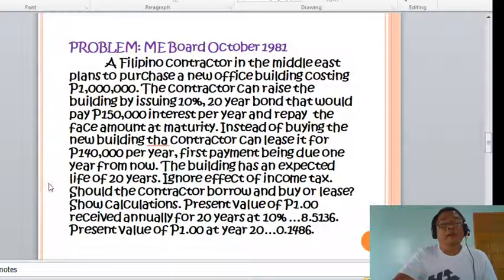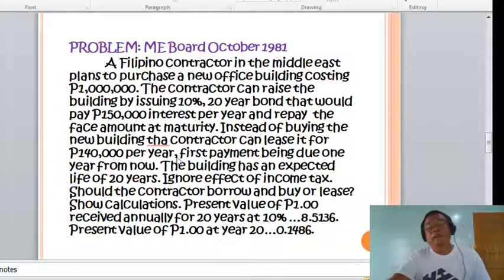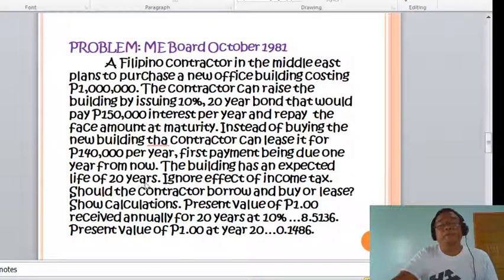The present value of 1 peso at year 20 is 0.1486. So take note, class: the 8.5136 is the factor used for the ordinary annuity, and this 0.1486 is the factor used for the compound interest.